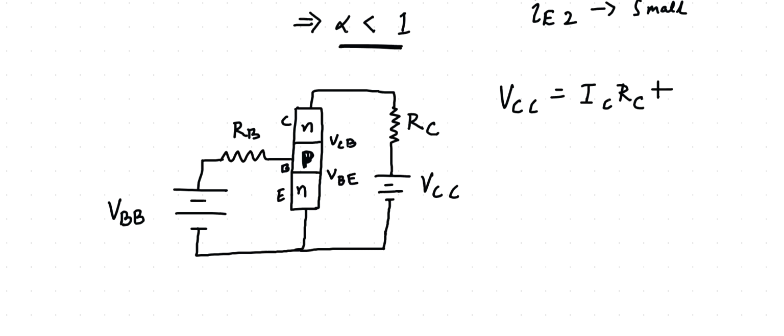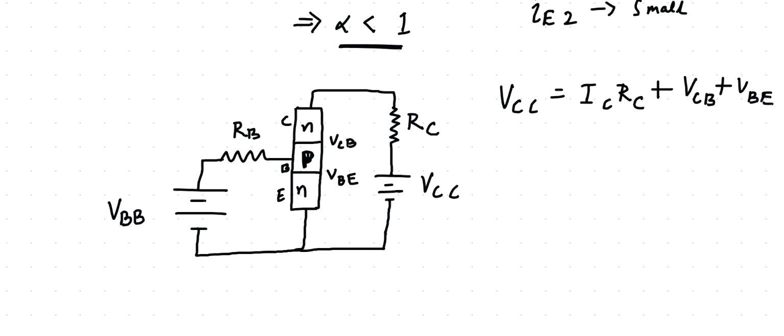So VCC can be written as ICRC plus VCB plus VBE. That can be written for this loop.